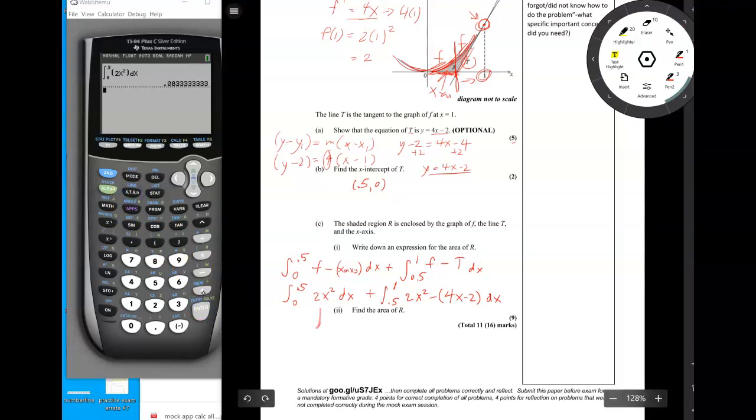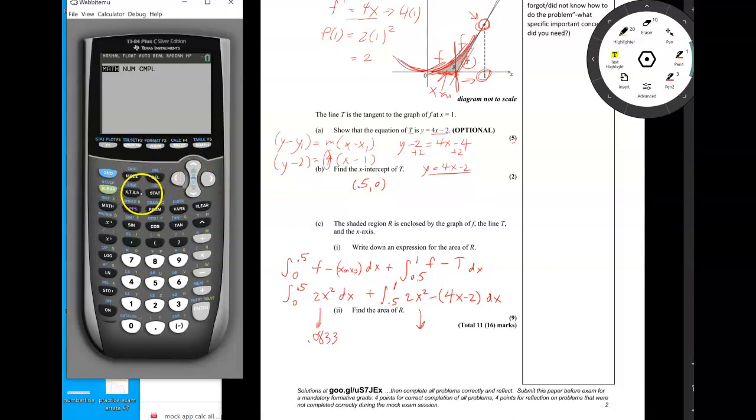So this is going to be 0.0833. And now let's do this part. So again, do math, and then number 9. And then I'm going to put 0.5 in the bottom, and then I'm going to put 1 in the top, and then I'm going to put 2x squared minus, and then in parentheses, I'm going to put 4x minus 2.